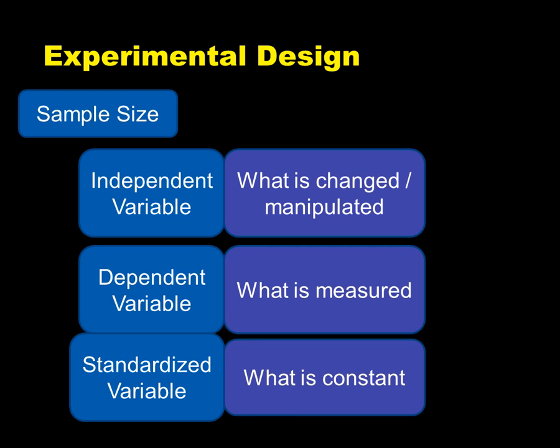These are factors that are constants in the experiment, so that they don't influence the what? So we don't falsely influence what part of the experiment? The outcome, which would be what you're going to measure, your dependent variable. So standardized variables are factors in the experiment that are held constant between samples, so as not to falsely influence the output. I'll come back with some examples.